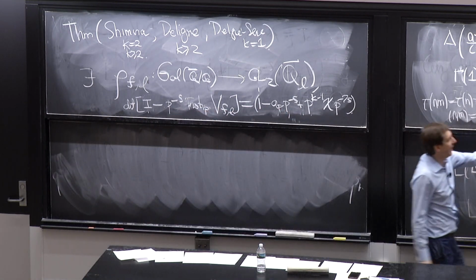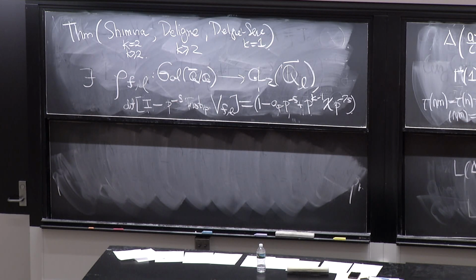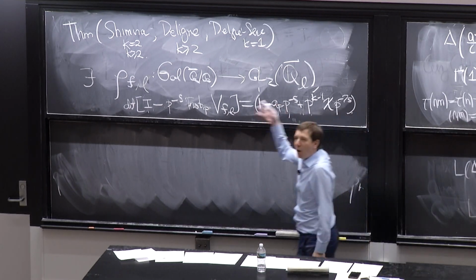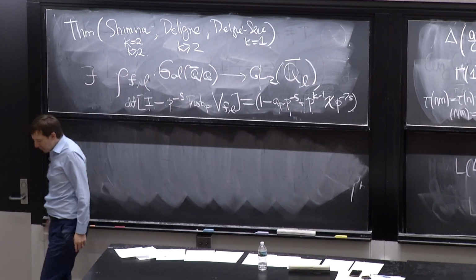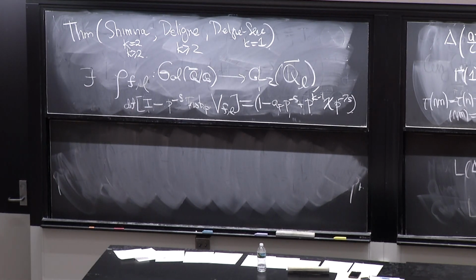Okay, so exactly what it says is that this Euler product, which is coming from this remark of Ramanujan from an automorphic object, is also coming simultaneously from this two-dimensional Galois representation.